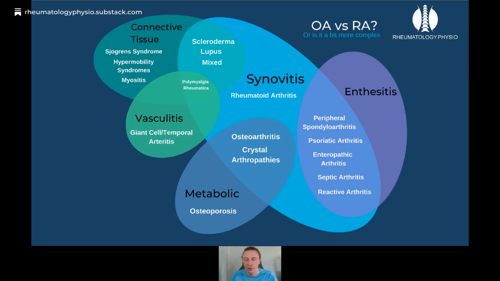But what we are going to do is I've got three case studies for you in this presentation, and the idea is to illustrate the complexity of recognizing rheumatology in musculoskeletal practice, a little bit to say what the signs and symptoms of some of these masqueraders are, and also to help you with how I reason through some of these cases.